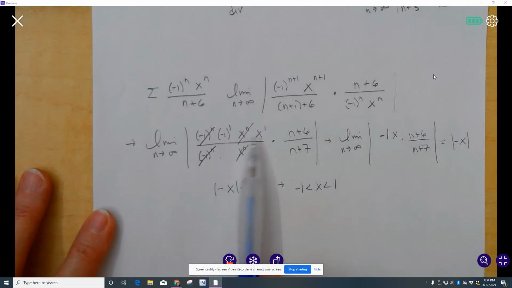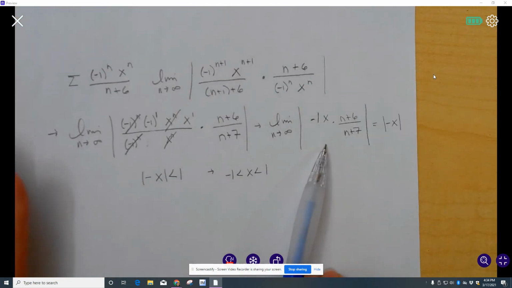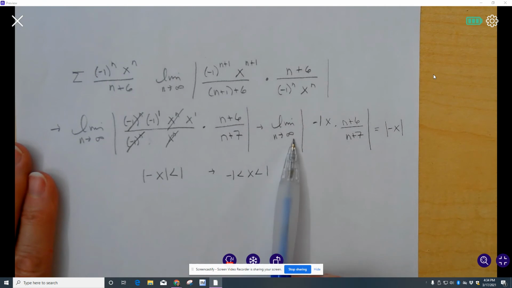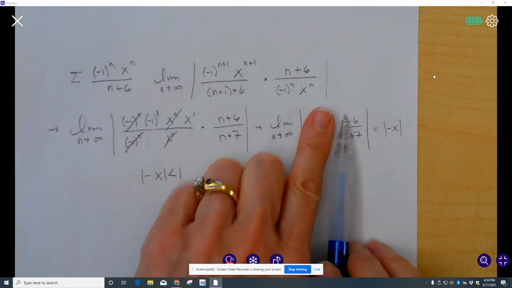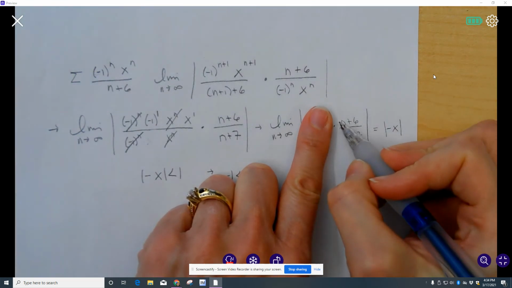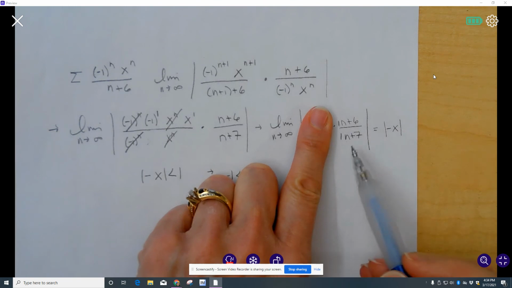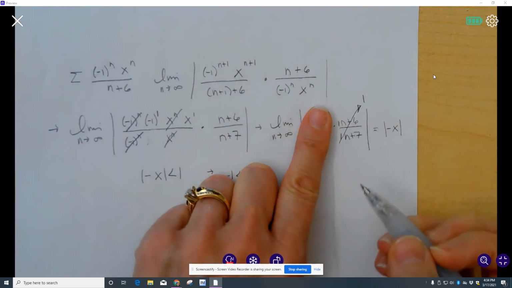So what I'm left with here is -1 to the n, which is just -1, times x, times all of this, which I have here. Now if you take the limit as n goes to infinity, this is going to approach 1. I have the same power over the same power, so my limit is my coefficients. My coefficients are 1, so all of this approaches 1.